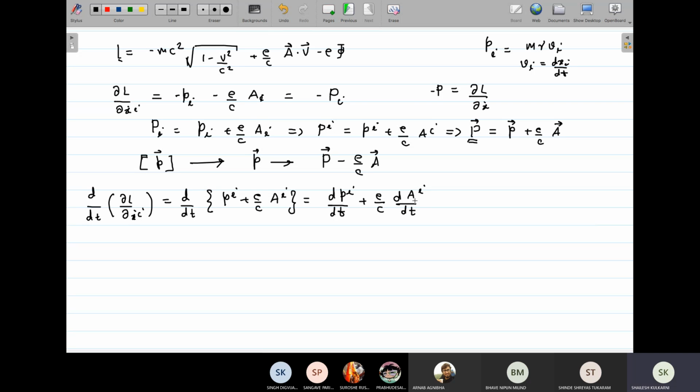But since A is a function of both time and space, dA_i/dt is equal to the partial derivative of A_i with respect to t, plus dx^j/dt, that is your usual velocity v^j, times ∂A_i/∂x^j.